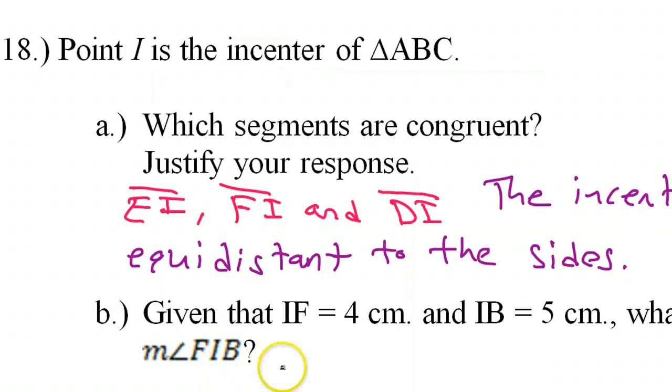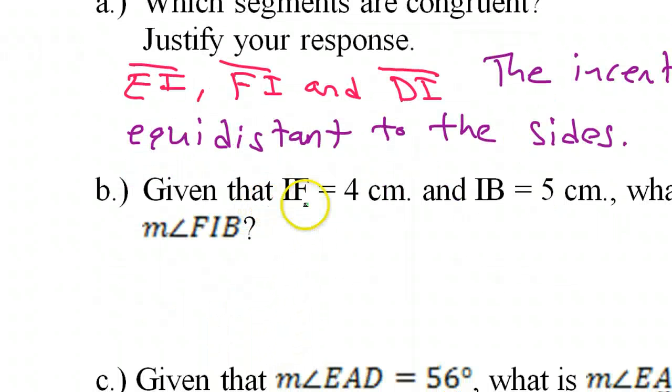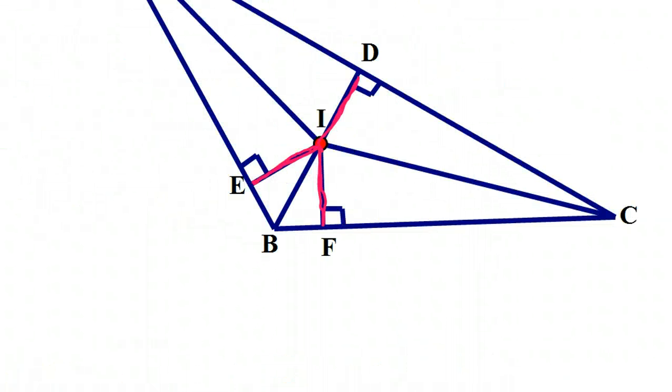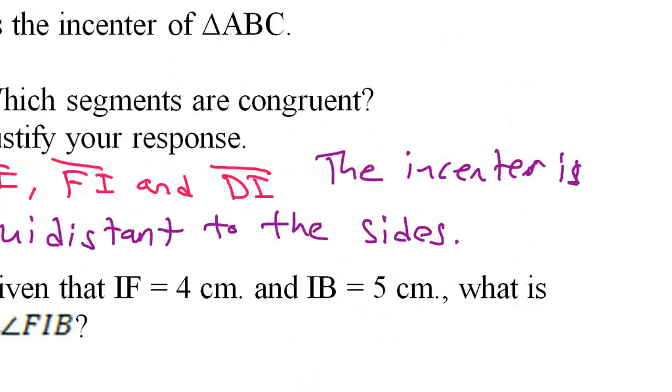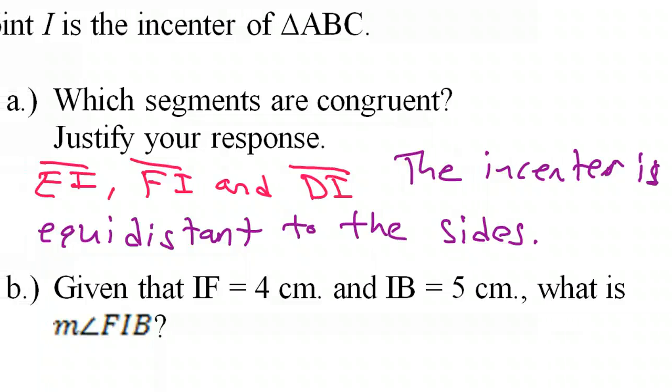All right, still on number 18. Given that IF is 4 and IB is 5. Let's see. So IF is 4. And IB is 5 centimeters. What is the measure of angle FIB?